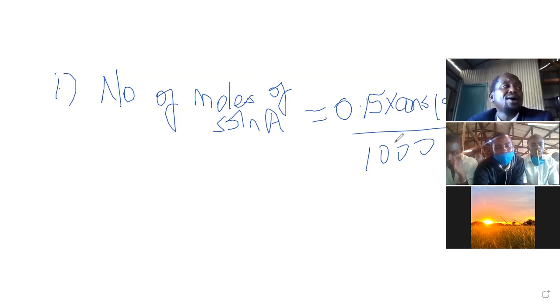So it does not matter whether you had failed under principles of averaging. It does not matter even if you had given unrealistic values as your answer at part A. Even if you had given a value of 12 million or 9,000, if that was the average titer that you gave, and of course you failed under principles of averaging, if at this point you substitute 0.15 times the 12 million over 1,000, you will score 1 mark.